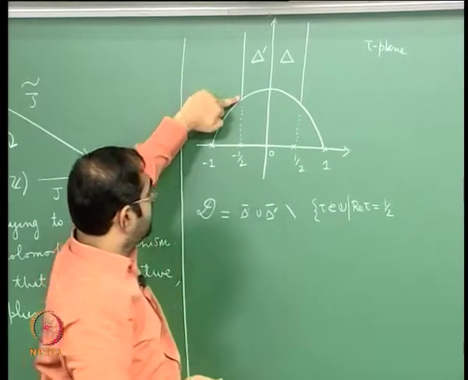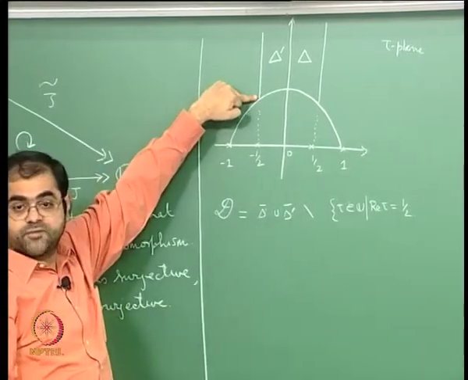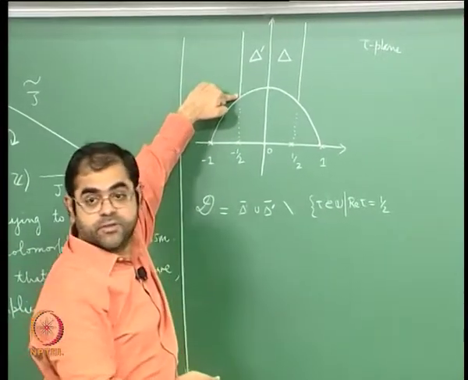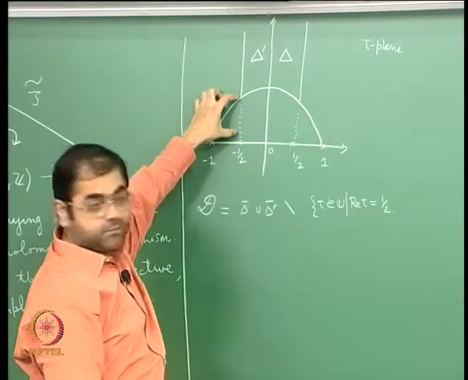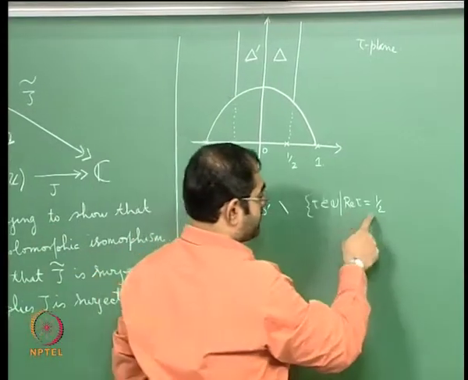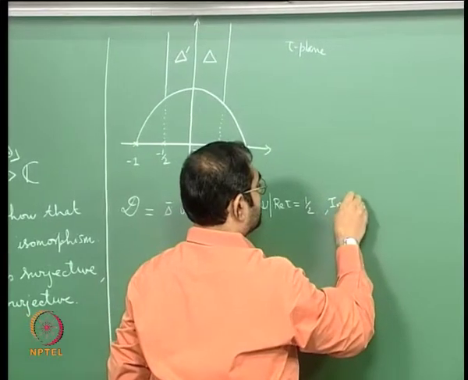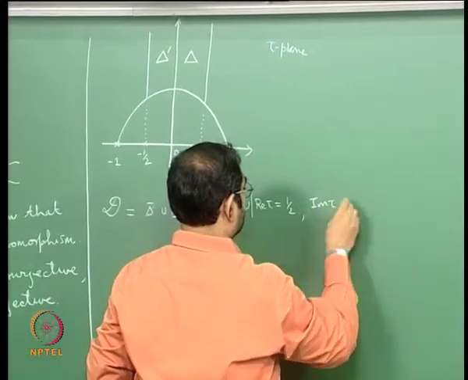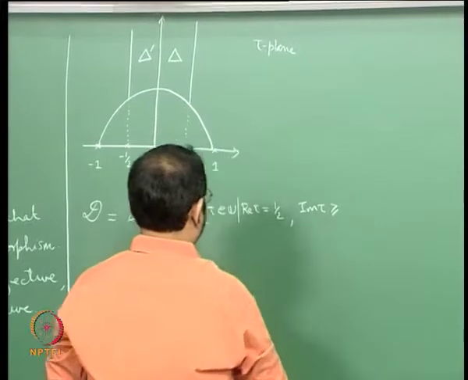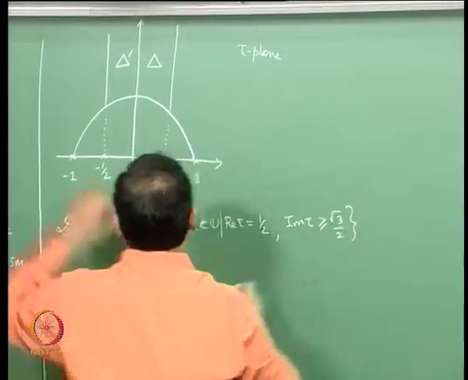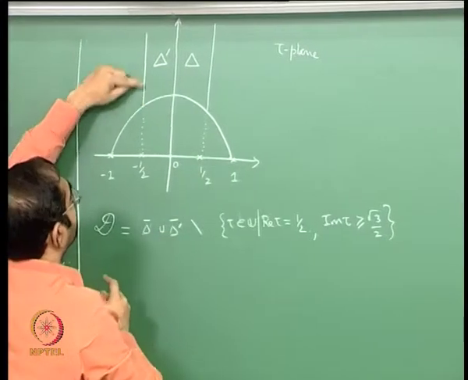So this point will correspond to a complex cube root of unity, minus 1 plus i root 3 by 2, so the y coordinate is root 3 by 2, okay. So that is to delete this whole line, okay.